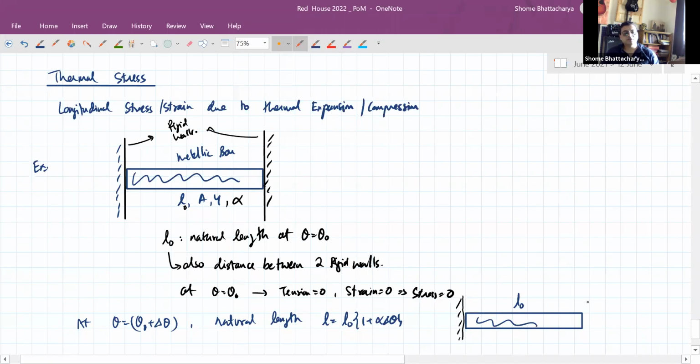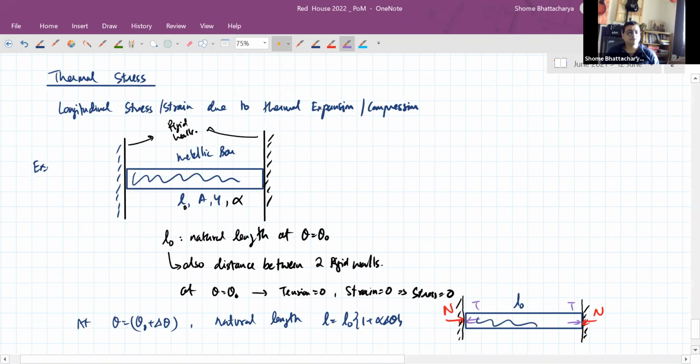So they are creating a compression of that much, delta L, from its natural length by applying this kind of normal contact force, which in turn will create a tension within the rod like this.